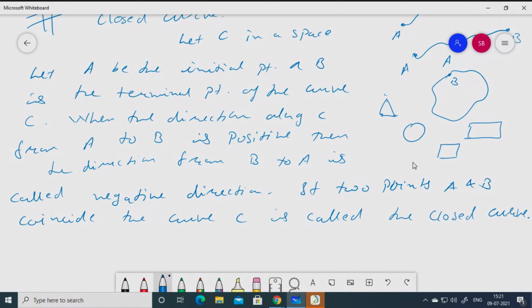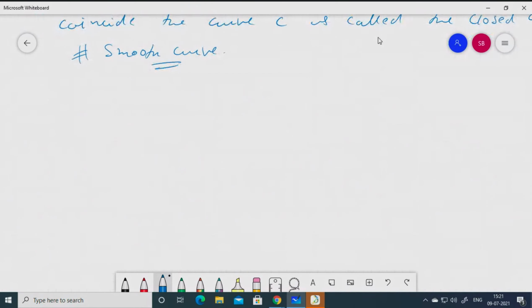Similarly, you will have a smooth curve also. So when do you say a curve is smooth? Suppose you take a curve r bar equal to f bar of t.